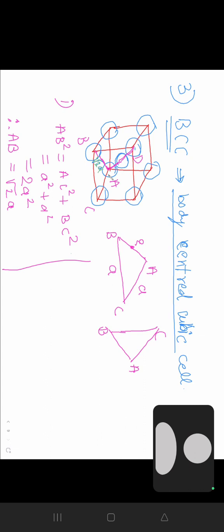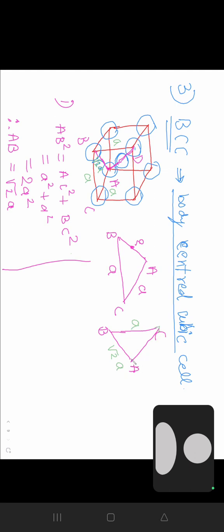Now what we have to find out? We have to find out AD. Again, BD is a. BC is a, AC is also a, edge length, and BD is also edge length. AB we have calculated as root 2 a.